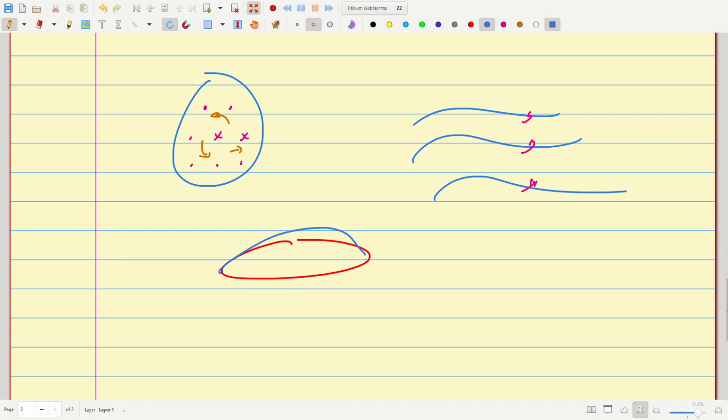Now, if instead I imagine a surface that bulges out a little bit, it's still positively oriented, so the normal vectors point in the same direction as before, I would get the same answer.